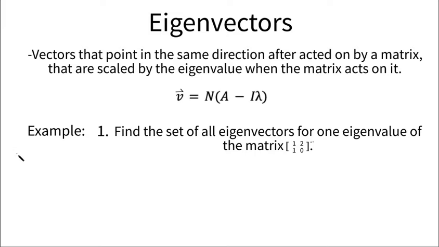First you have to find the eigenvalue. So you use the determinant of A minus I lambda equals 0.